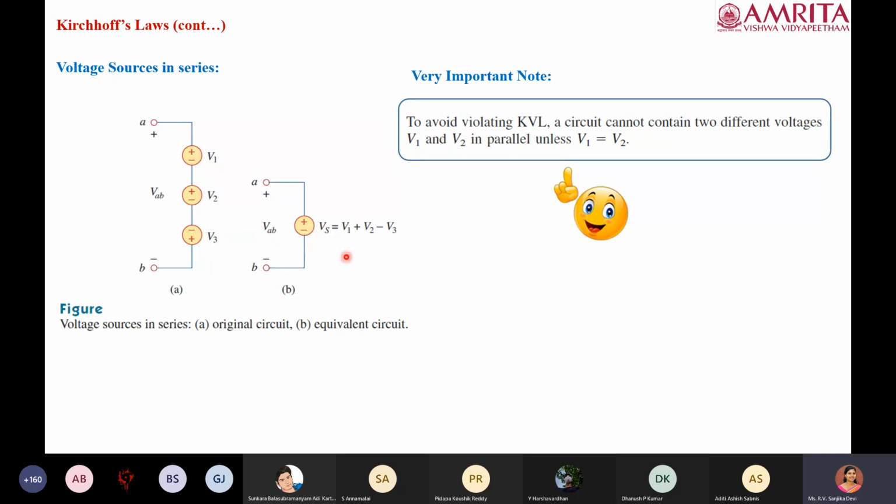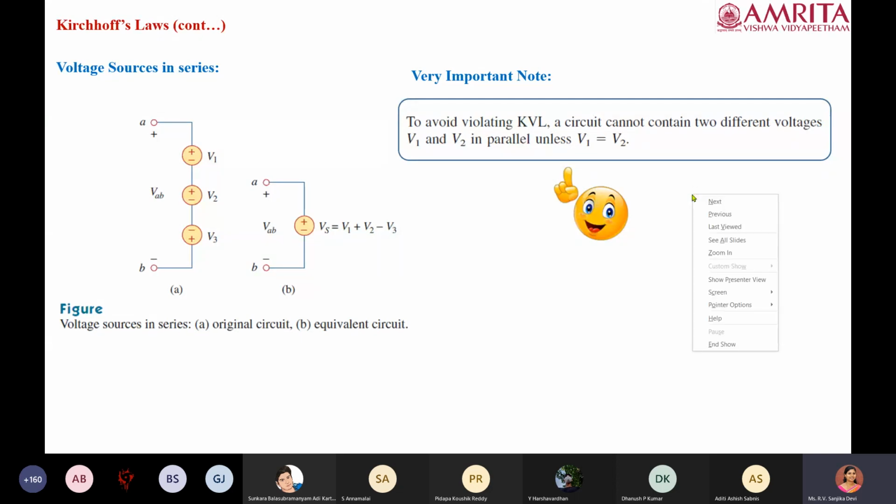And a very important note with respect to KVL is that a circuit cannot contain two different voltage sources V1 and V2 in parallel unless both are the same. Okay. So the meaning of this is it cannot have two voltage sources in parallel with two different values.